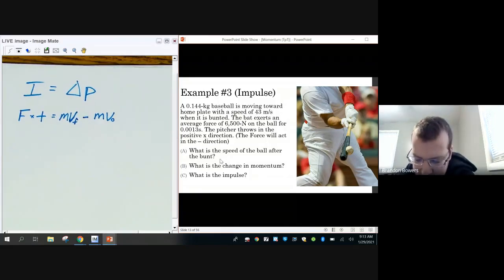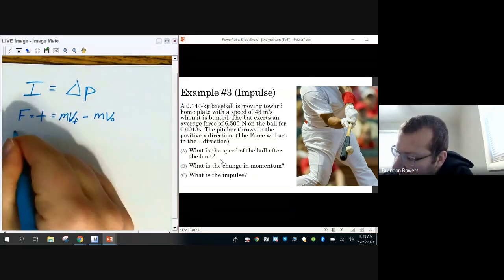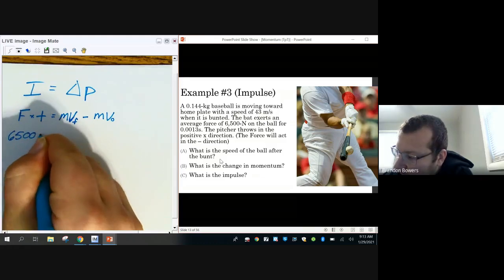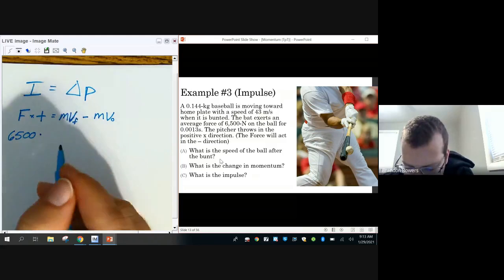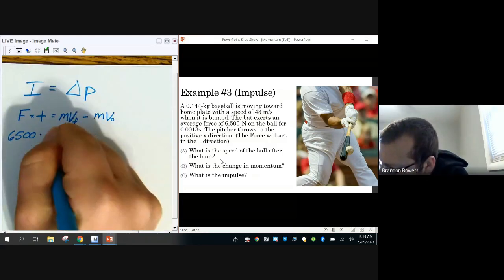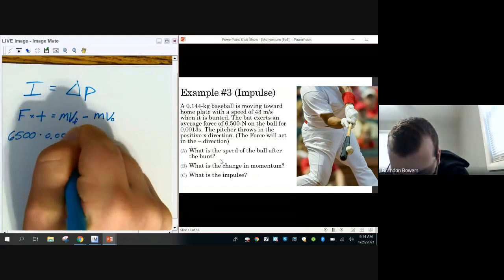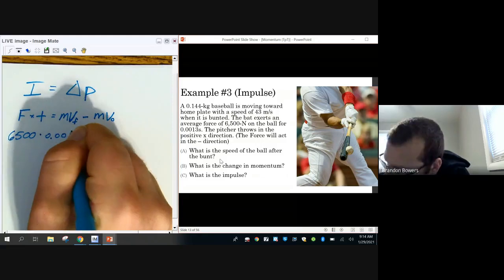So the force exerted by the bat is 6,500 times the time, which is 0.0013.